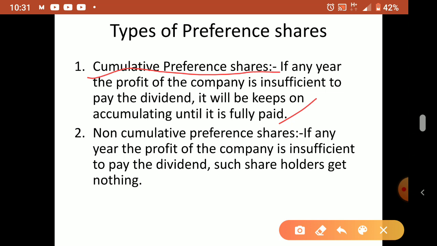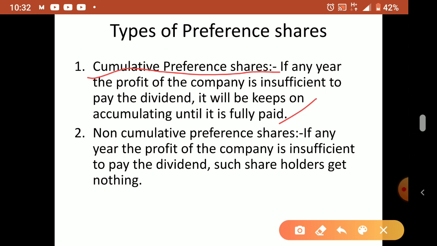Cumulative means, suppose this year there is a loss, we didn't pay dividend, so next year we will pay. Then next year also we didn't pay, then that amount also will be added and paid afterwards. So any year's pending dividend will be paid, accumulated.